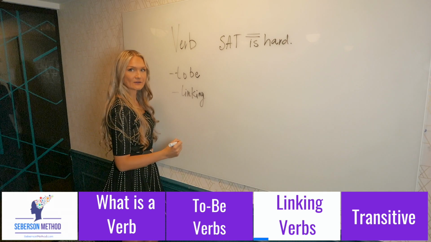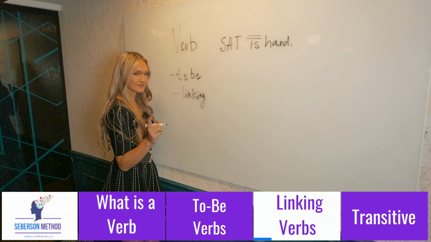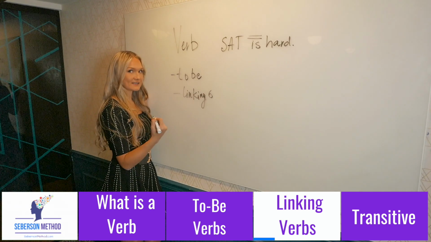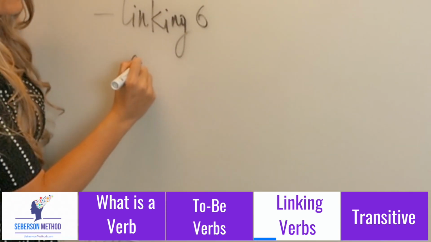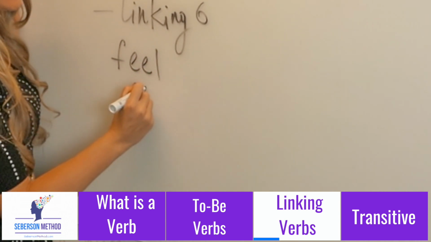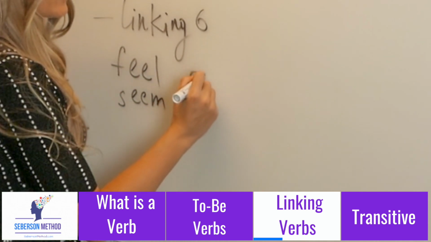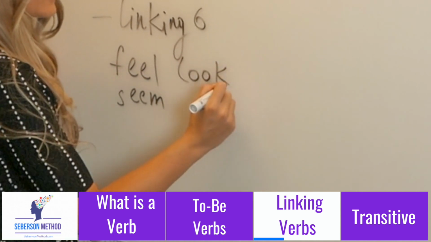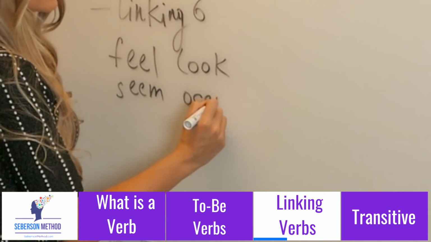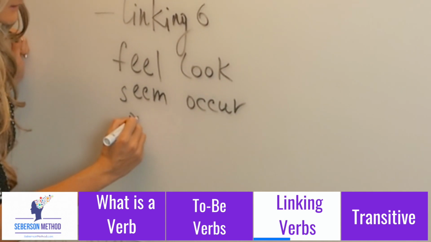What's cool about linking verbs is that they all have, apart from one, because there are only 6 of them, a double letter inside. Double E in feel and seem, double O in look, double C in occur, and double P in appear.